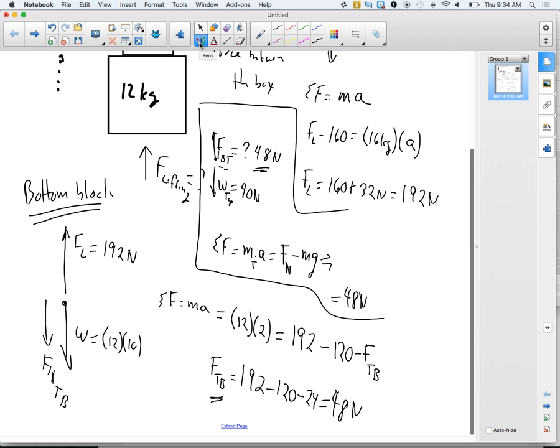So what I say here is that F_N is equal to ma plus mg, and then if I put mass times a plus g, that's going to be 4 times 2 plus 10, which is 48 newtons. Is that better? More readable? Super.